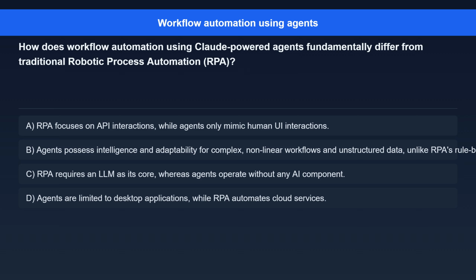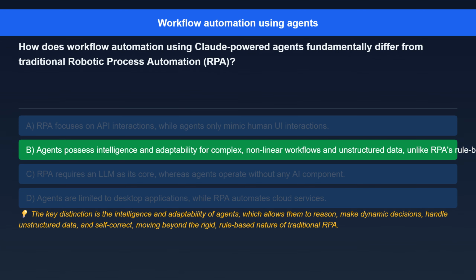Option B. Agents possess intelligence and adaptability for complex, nonlinear workflows and unstructured data, unlike RPA's rule-based, rigid approach. Option C. RPA requires an LLM as its core, whereas agents operate without any AI component. Option D. Agents are limited to desktop applications, while RPA automates cloud services.